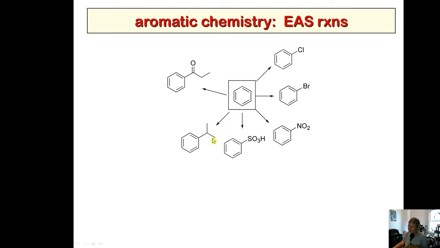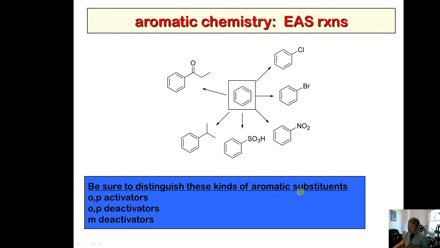People's names: Friedel-Crafts alkylation, Friedel-Crafts acylation. All of these, you had benzene and you reacted with a reagent and it made a super electrophile. Benzene attacked. And these are all EAS reactions, electrophilic aromatic substitution.